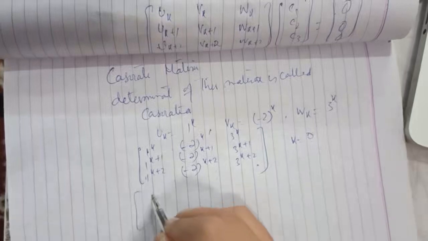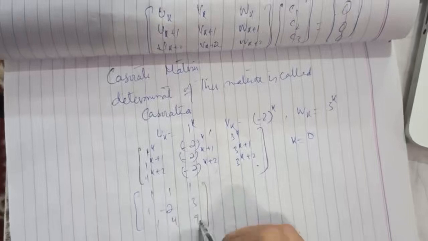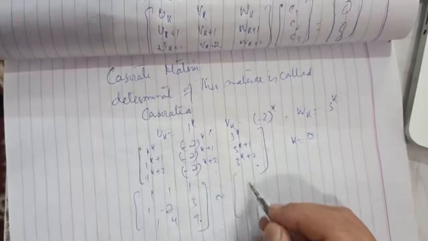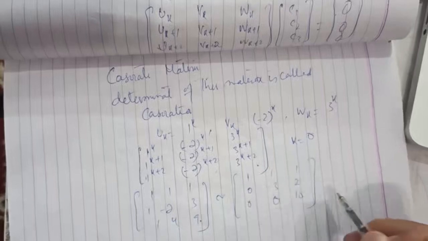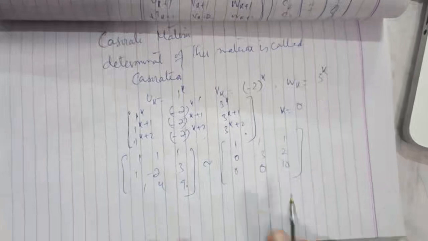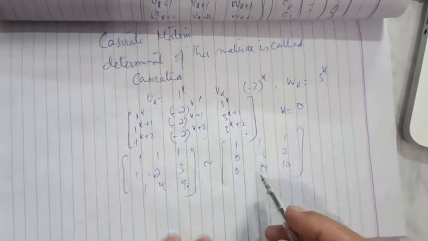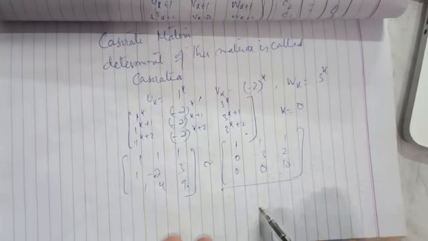So what I'll get here is 1 1 1, minus 2 3 1, 4 9, and if I do row operations, I can get the form 1 0 0, 1 minus 3 0, and 1 2 and 10. So we can see there are 3 pivot columns here, and this is a 3 by 3 matrix, so it means the column space is the same as R n, so this matrix is invertible, and these signals are linearly independent, right?